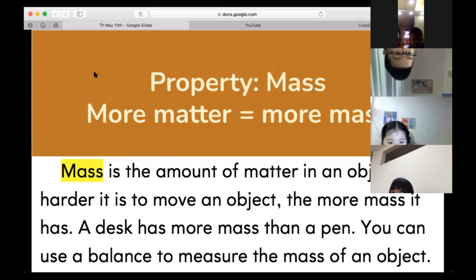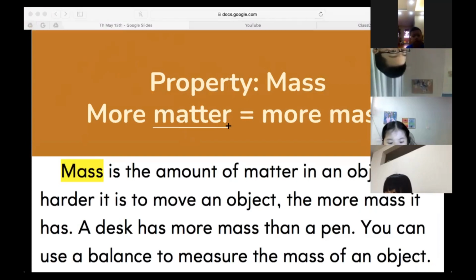What's this word here, Banana? One more time. Matter. Good. More matter equals more mass. Banana, can you read the first sentence for us? Mass is the amount of matter in an object. Very good. The amount of matter in an object.